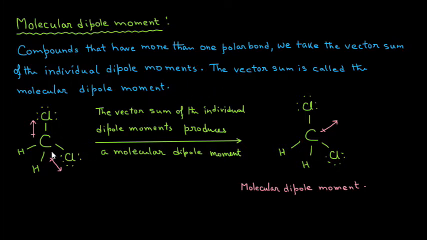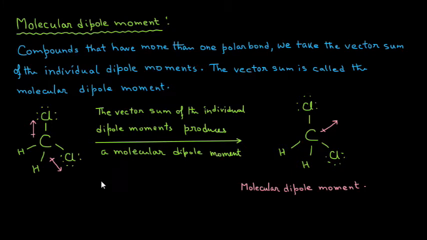So in the case of dichloromethane, we take the vector sum of both the dipole moments, and the vector sum is shown by the red arrow on the right side. So this is called molecular dipole moment.